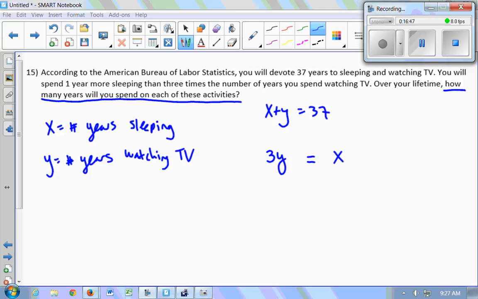It is confusing. You got to really think about it. It's like a language thing rather than a math thing. 1 year more sleeping than 3 times the number of years you spend watching TV. Yeah, it definitely matters.